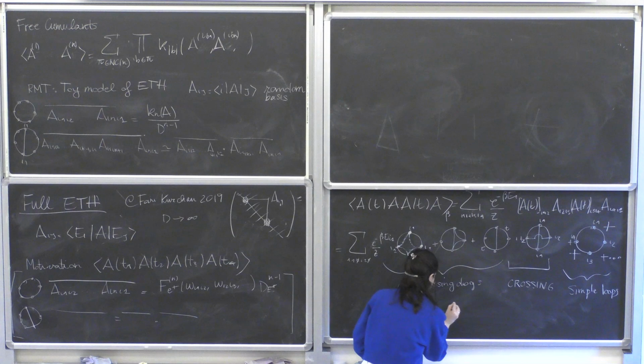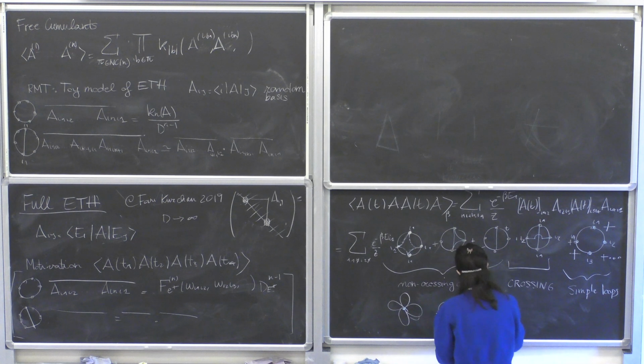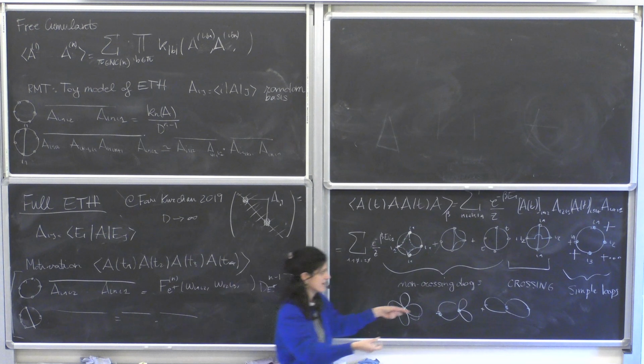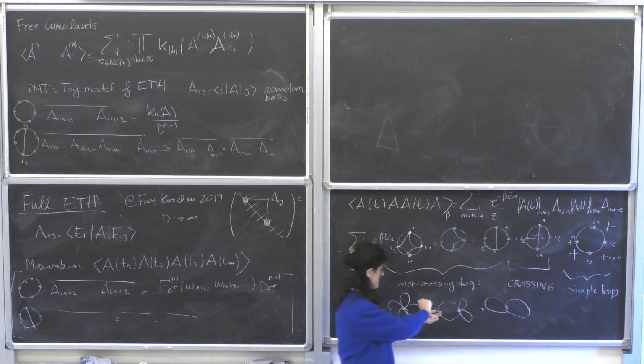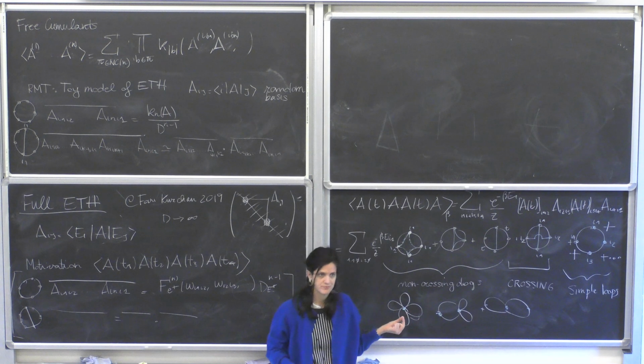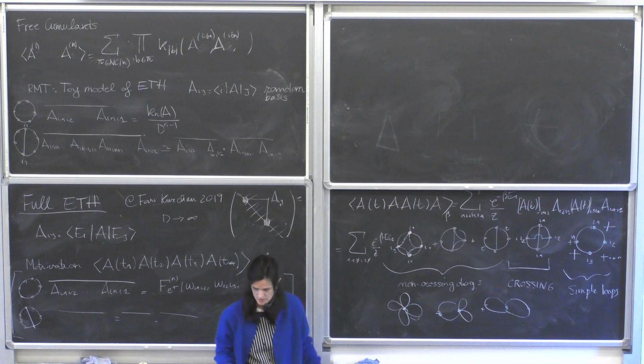Here you have a little fish. All these non-crossing ones can basically be written as simple loops which touch only one point. Of course, they are the same.